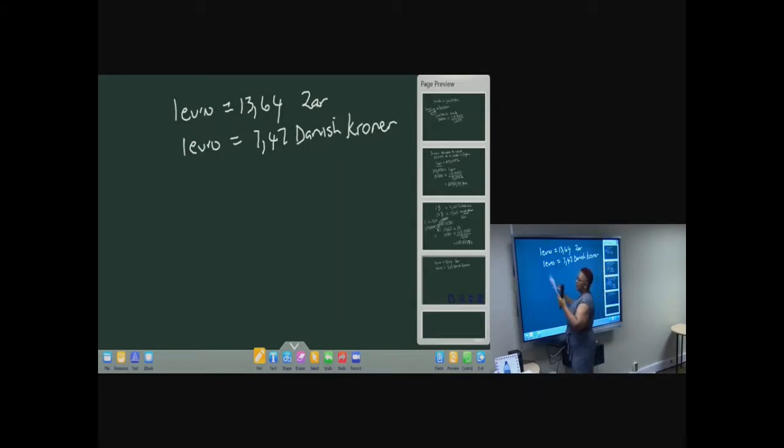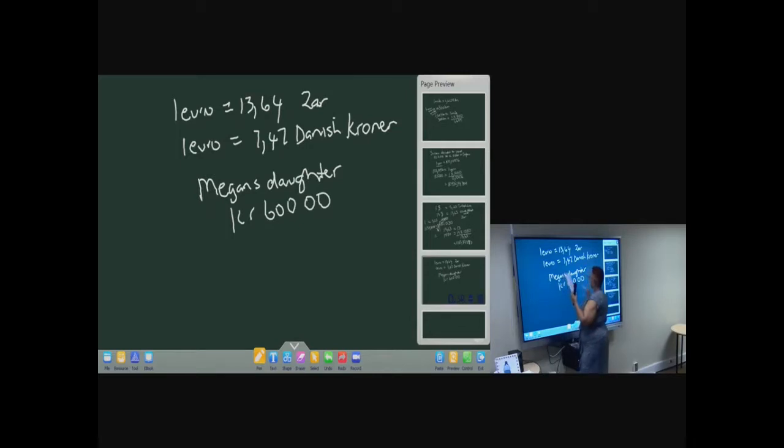And then you are told that there is Megan's daughter. He's working in Denmark and is earning 600,000 krone. And then the question now is, calculate in rands the income of Megan's daughter.